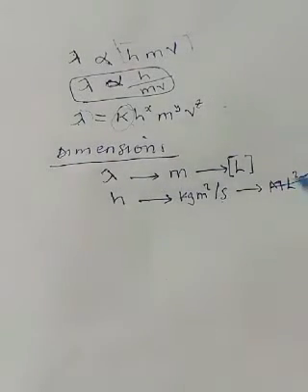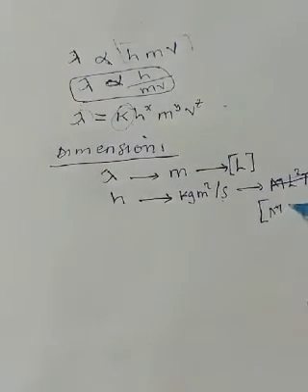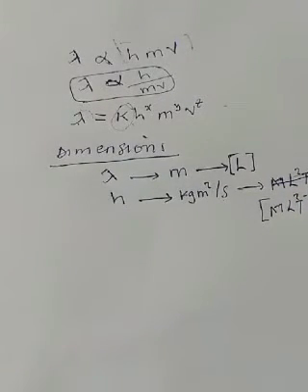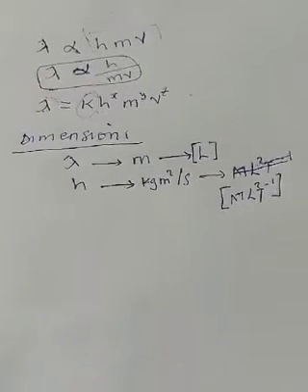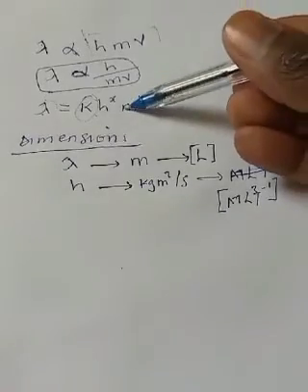Sorry, I know this is not visible. Let me write it somewhere there: M L squared t to the power -1, like this. Okay, I think everything is now viewable. So what next are you going to do? You go to mass.